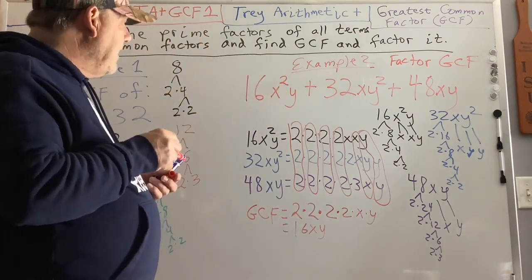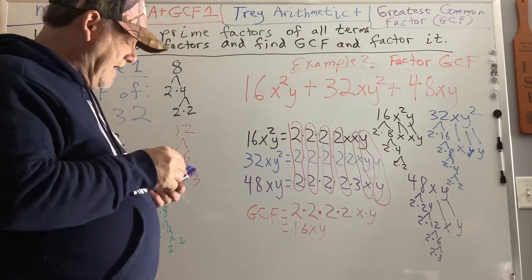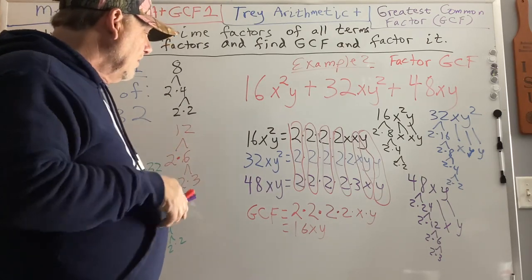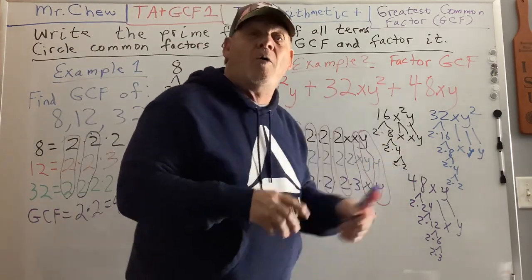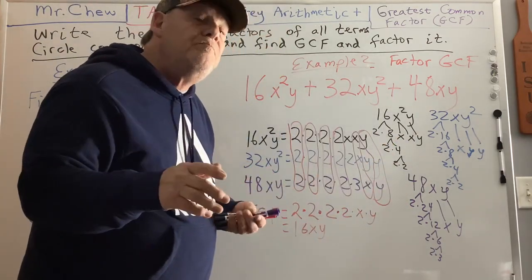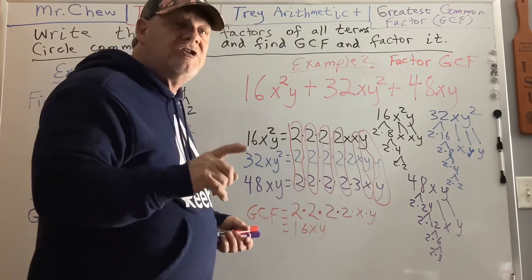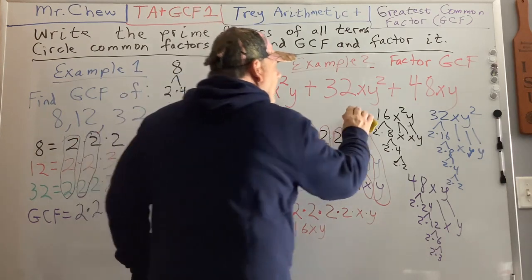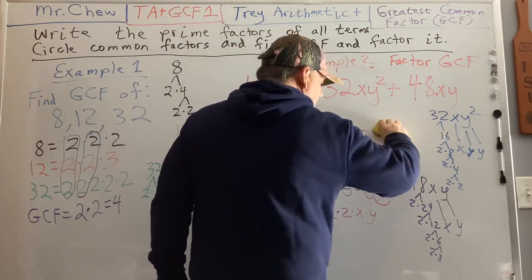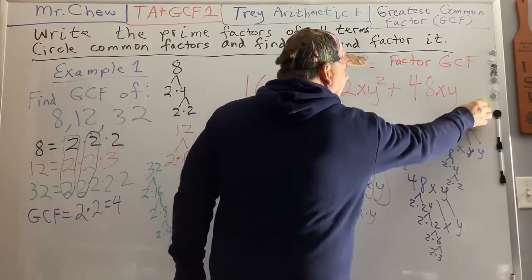So now you're saying, yeah, but what exactly does that mean? All that means is that's the biggest number that I can divide them all by. So that would be factoring out the GCF. I'm just going to write this up here so that it can be easily seen, because we don't need these factor trees anymore.